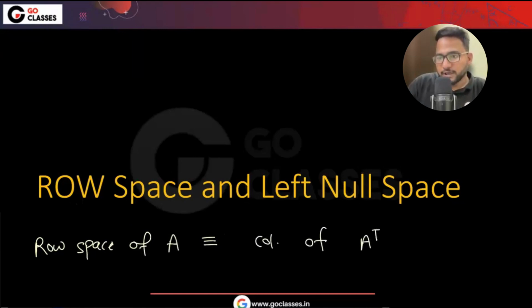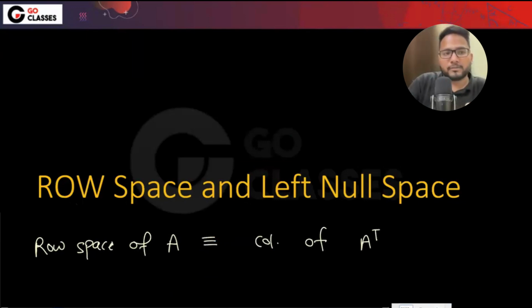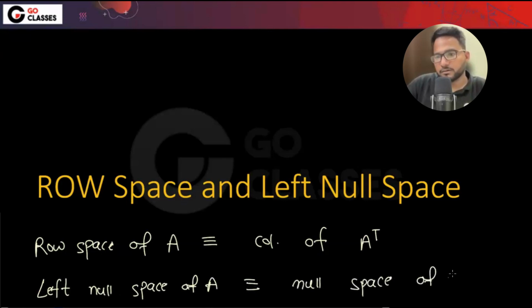Similarly, you will get to know this in just a while, but I'm just writing it: left null space of A is the same as null space of A transpose. We will see what I mean by that.